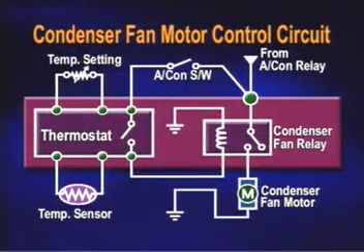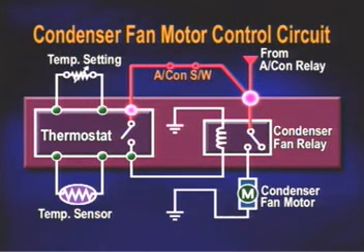Next, let's move on to the condenser fan motor control. This screen shows the condenser fan motor control circuit diagram. Power is supplied through the air conditioner relay, and it waits at the switch terminal of the condenser fan relay and air conditioner switch. When the air conditioner switch is turned on, standby power is inputted to the thermostat.